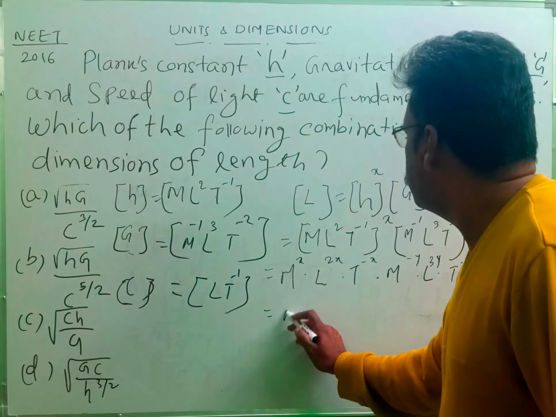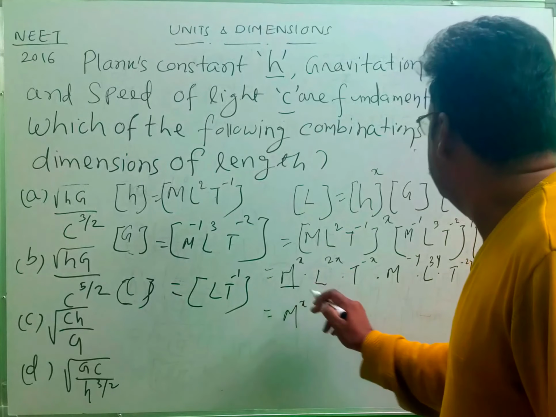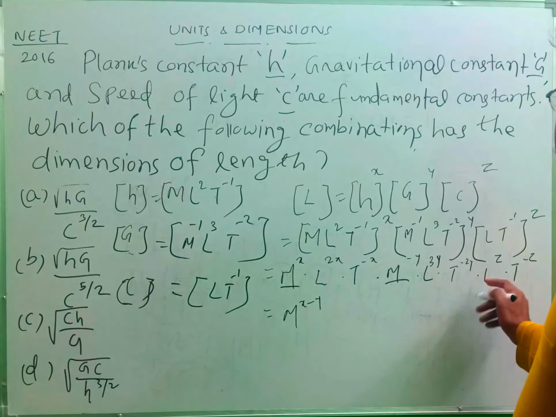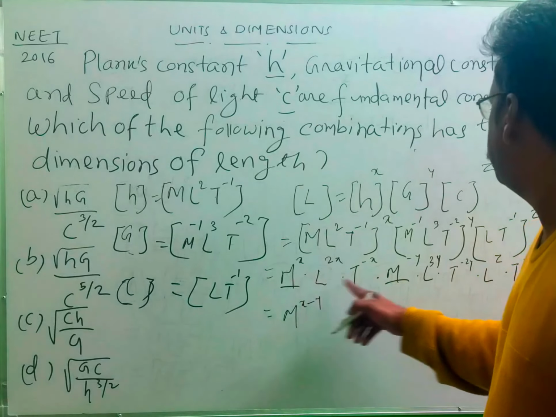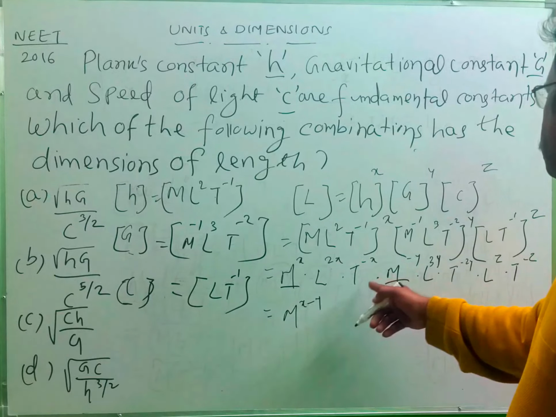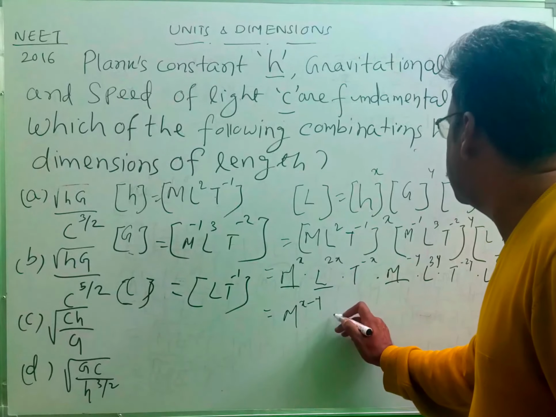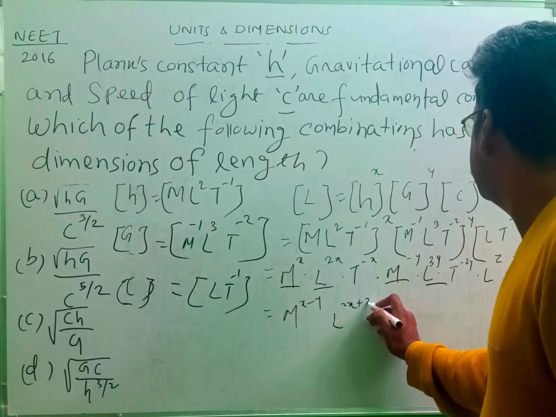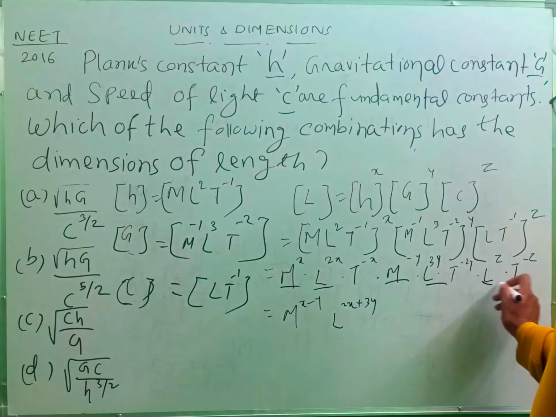So this becomes M to the power x here, it is minus y here, and there is no M for c. This is L to the power 2x, here L to the power 3y and L to the power z.